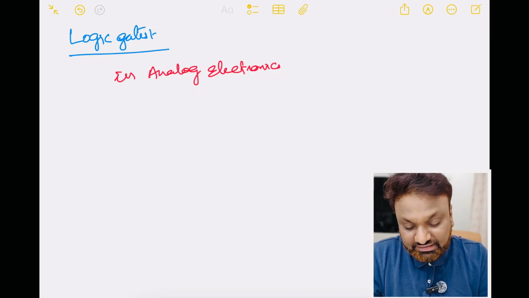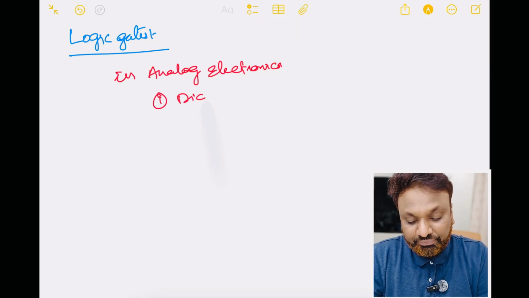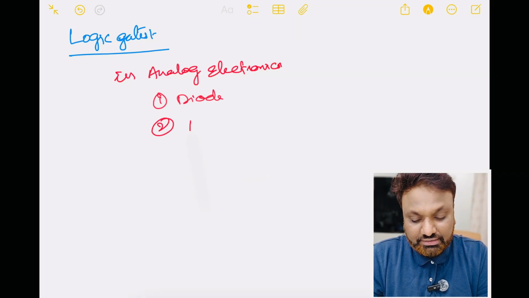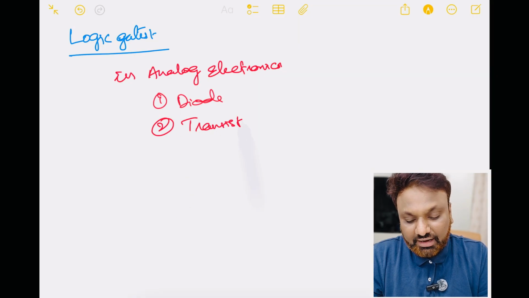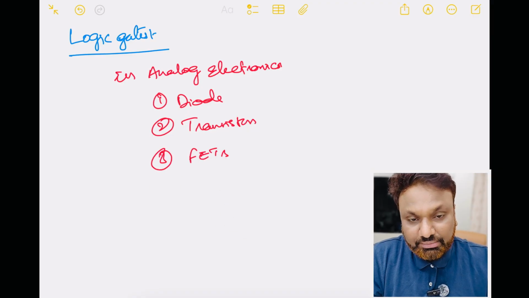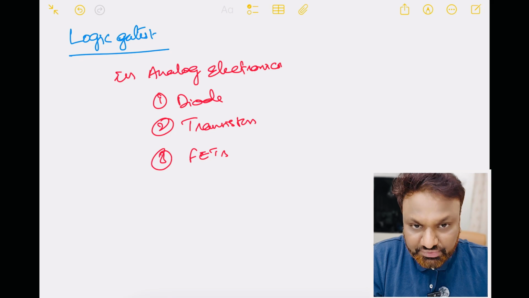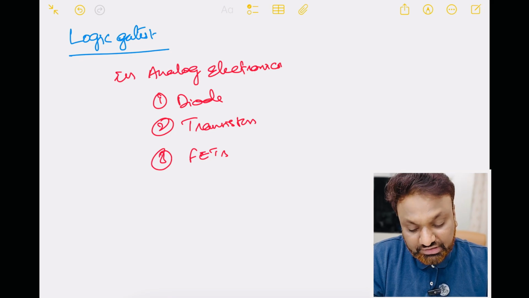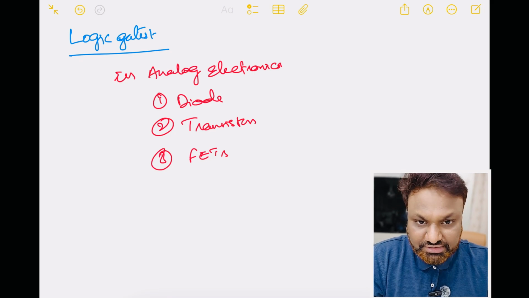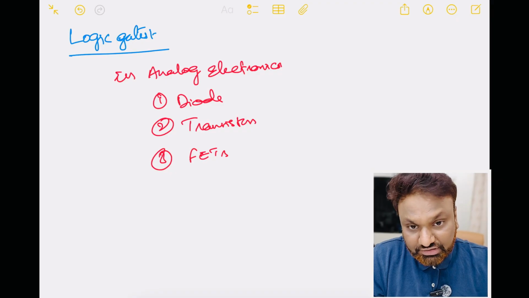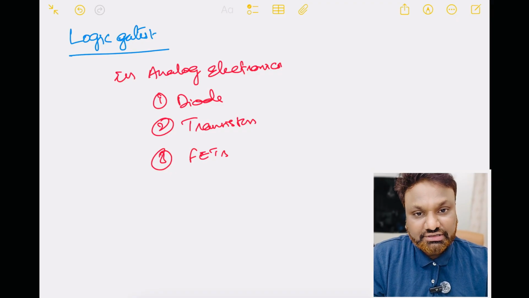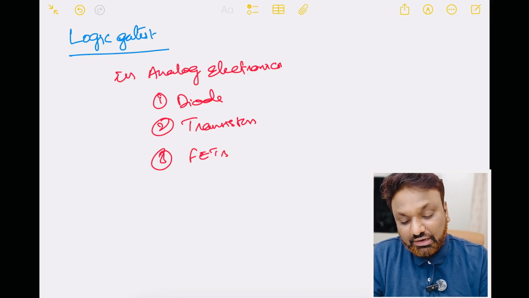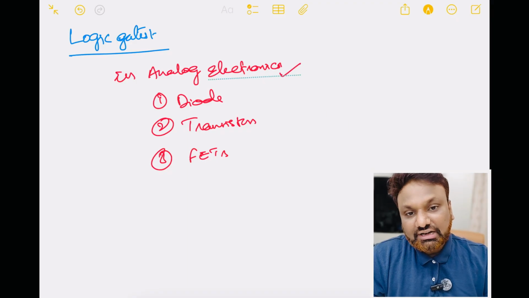The basic devices in analog electronics are, one is diode, two is transistor, and the third one is FETs, correct? So you study about diodes and the circuits constructed by using diodes, you study about the transistors and the circuits constructed by using the transistors, and you study about the FETs and the circuits constructed by using the FETs in analog electronics. So what about digital electronics?